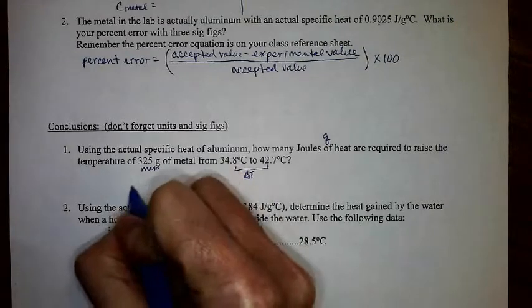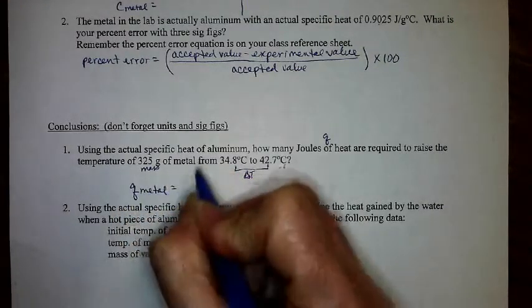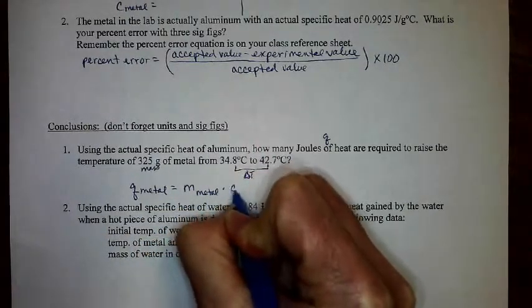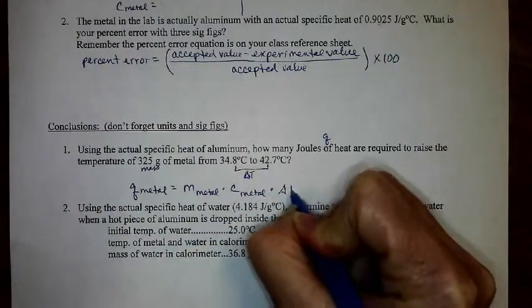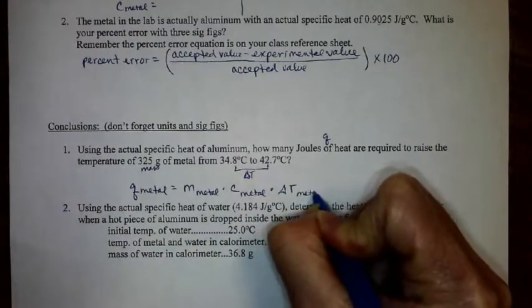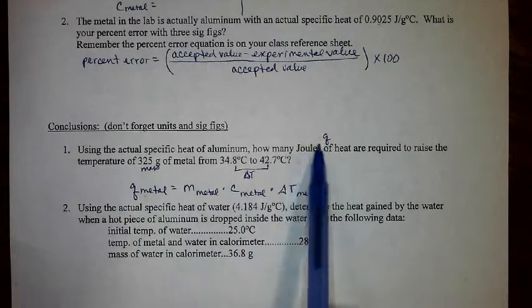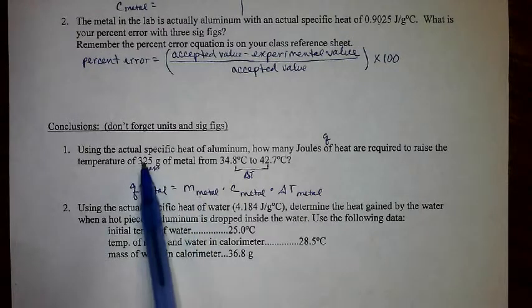So your equation for this, you're going to use the Q of the metal equals the mass of the metal times the specific heat of the metal times the delta T of the metal. So this is the value you're going to calculate. You want the heat, which is Q. Your mass is this.